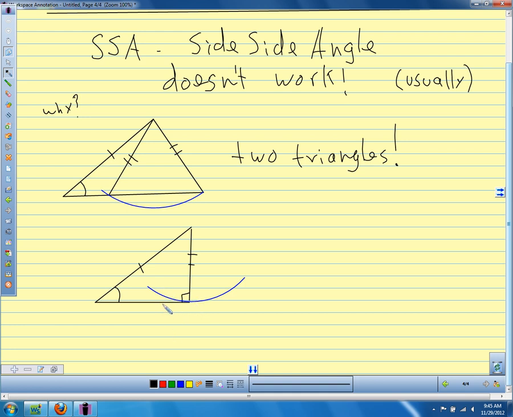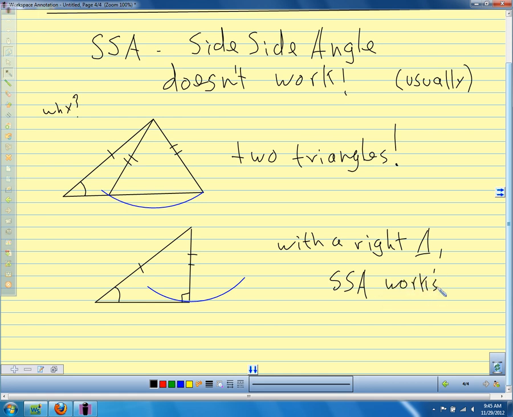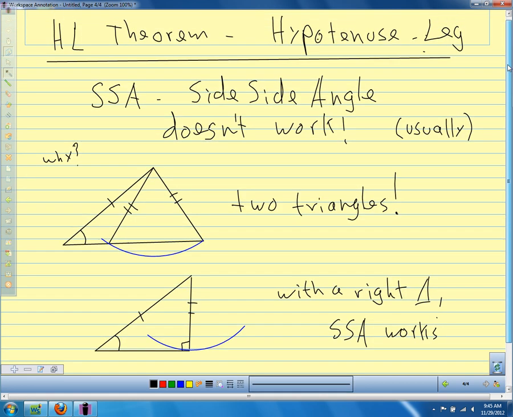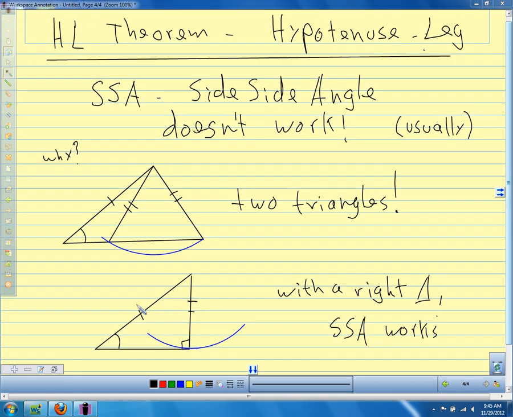So if I have a right triangle, SSA does work. But instead of calling it SSA, we call it hypotenuse leg, because this is the hypotenuse of my right triangle and this is the leg.